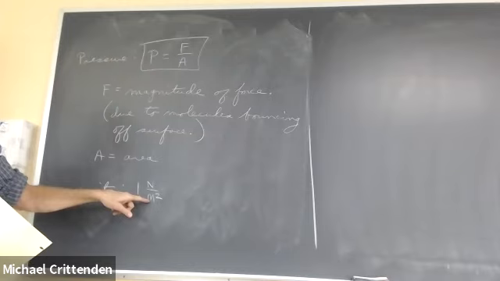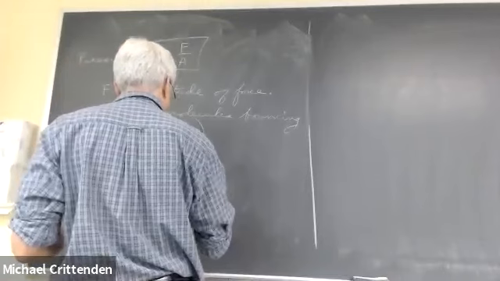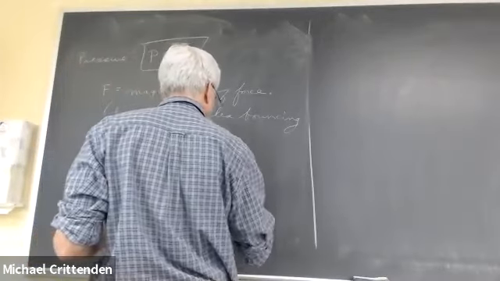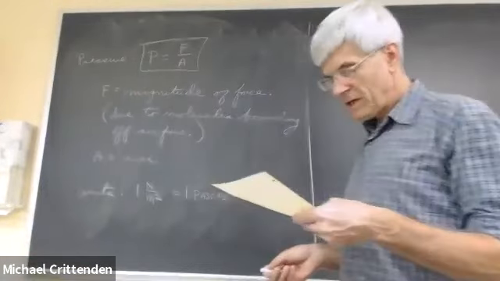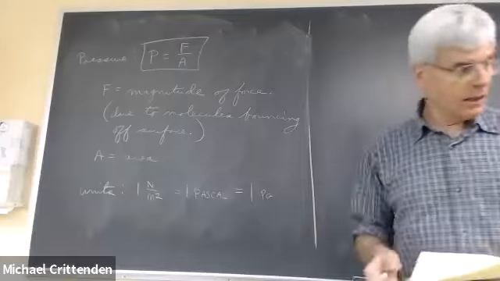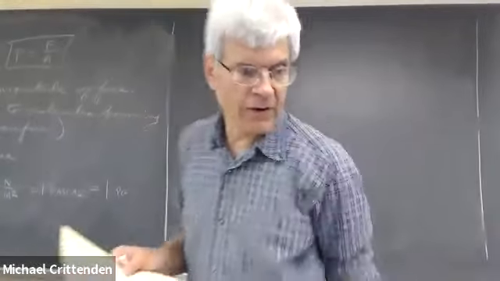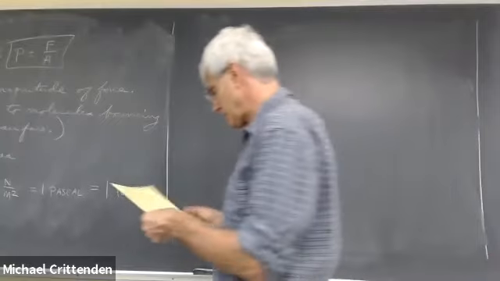A newton per square meter is given a name of its own. It's called a pascal, abbreviated Pa. And then there are also some non-SI units that I might mention now and then.